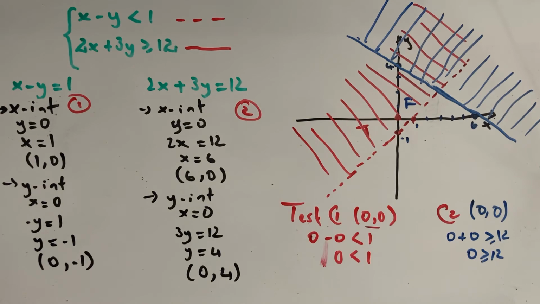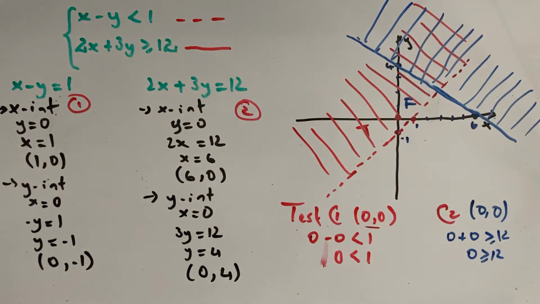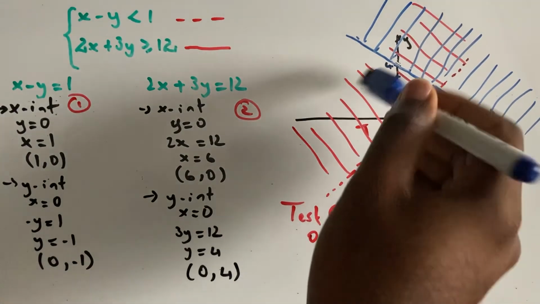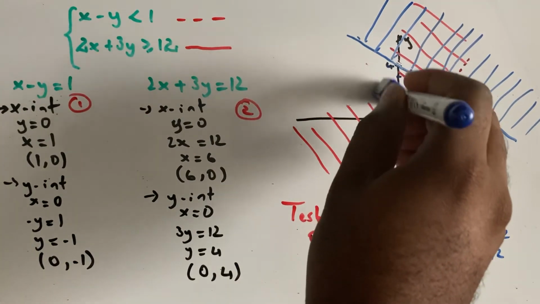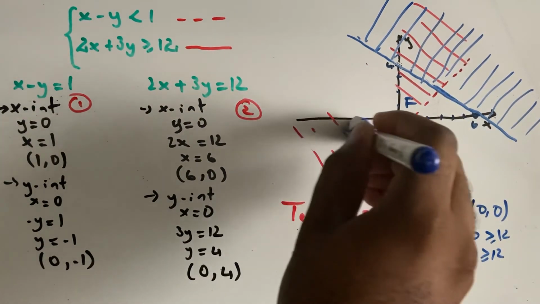But the solution is where they meet together. So where you see the two shaded regions meet together, that means the solution will consist only of this area here, because these, if you want, you can erase, but they're not part of the solution. Okay, so this is what you do.